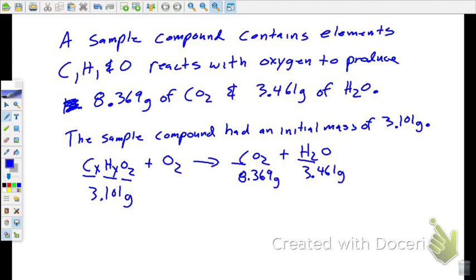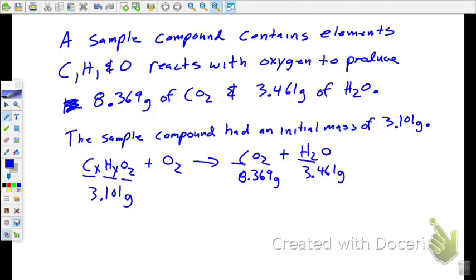So the first thing I would like you to do on your own, I think you guys can do this. We'll see if you remember. I want you to find the grams of carbon in this sample of CO2. So this is the grams of CO2. What I want you to do is find the grams of just carbon that makes that sample up. Let's see if you can do that.